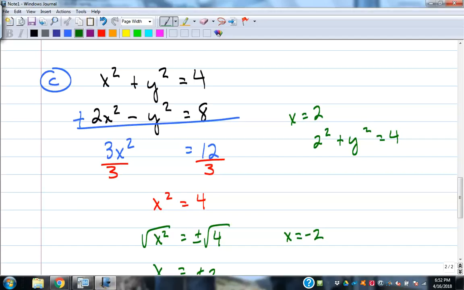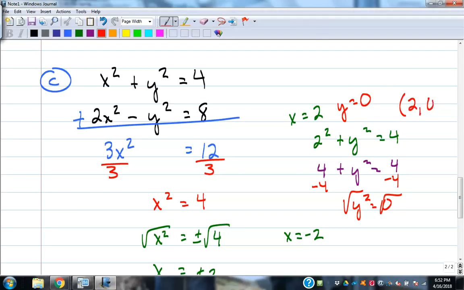What's 2 squared? 4. And that's equal to 4. So if I subtract 4, y squared is equal to 0. If I take the square root of both sides, what's the square root of 0? 0. I get an ordered pair 2, 0.